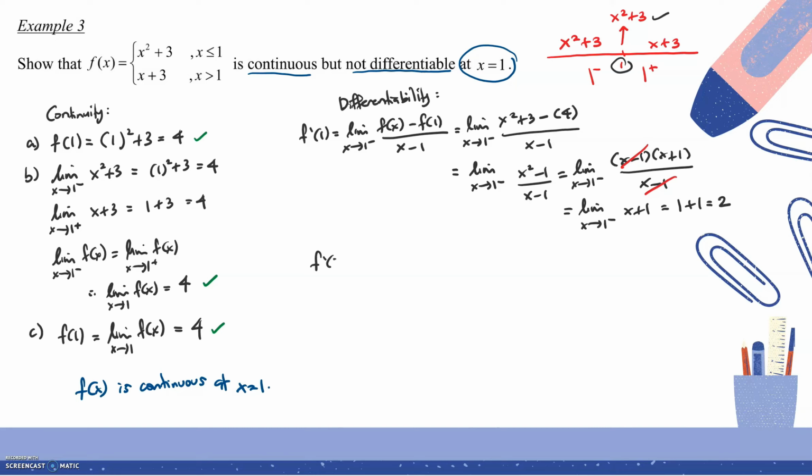Next, f prime 1 is equal to the limit as x approaches 1 from the right of f(x) minus f(1) divided by x minus 1.